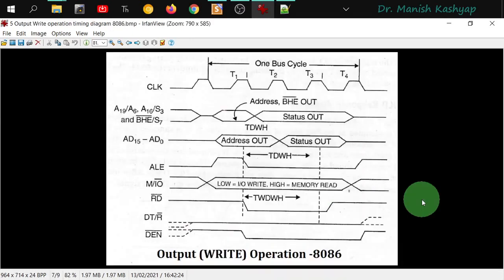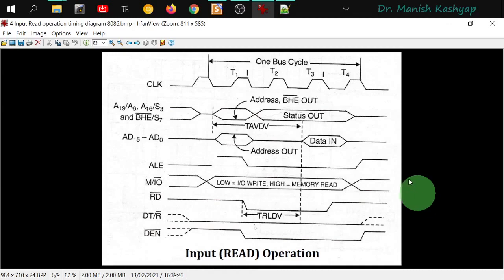And one more important point to note in these timing diagrams is between this T3 and T4, they have got a flexibility to introduce some additional bus cycles, or additional T states. Why? Because you might have a peripheral device which is slower as compared to the microprocessor. So in that case, you might need some additional time to receive the data or give the data.